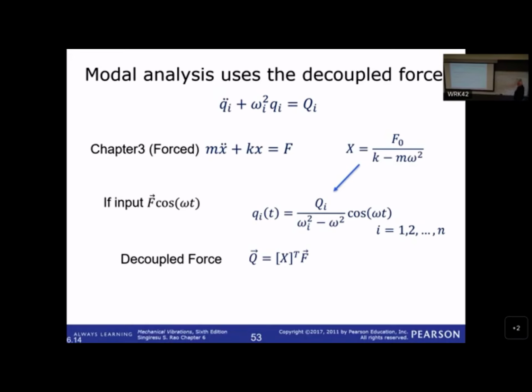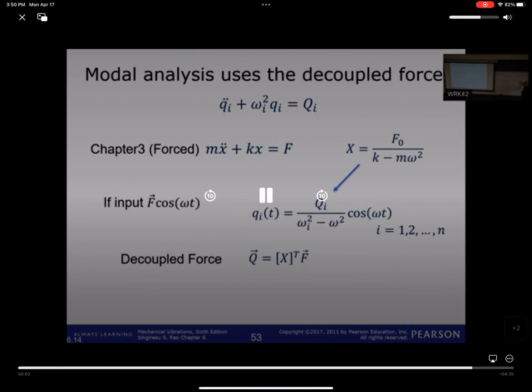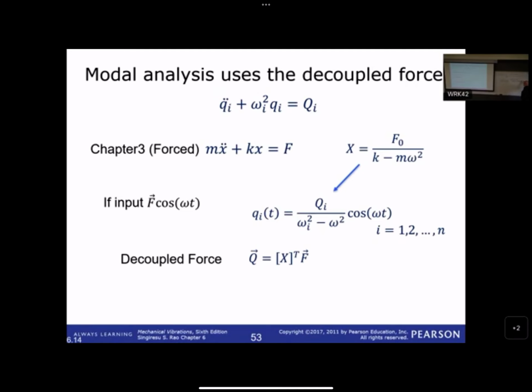So K becomes omega squared over the square root of 1 minus 3.4 over 1.34 squared, plus 2 times our zeta, 0.2, times 3.4 over 1.34, squared.